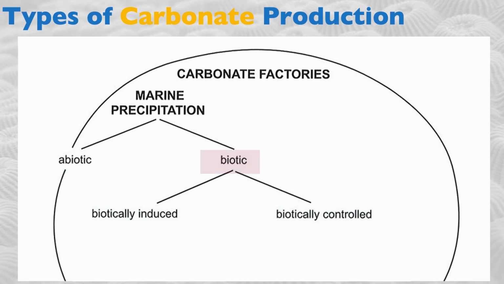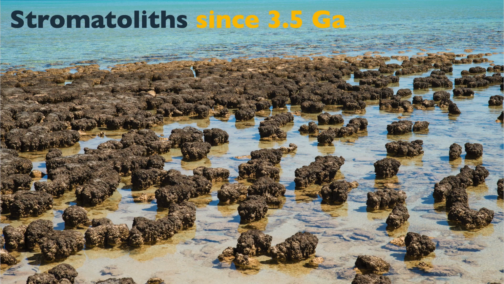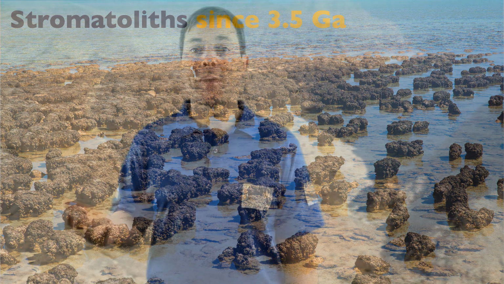So let's focus on biotic precipitation, and more specifically, biotically induced precipitation. So what is biotically induced precipitation? Well, it is the oldest form of biologically mediated precipitation. It's been around since at least 3.5 billion years, and you've seen it if you've seen stromatolites.